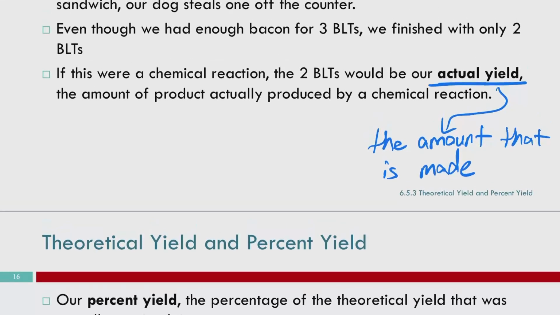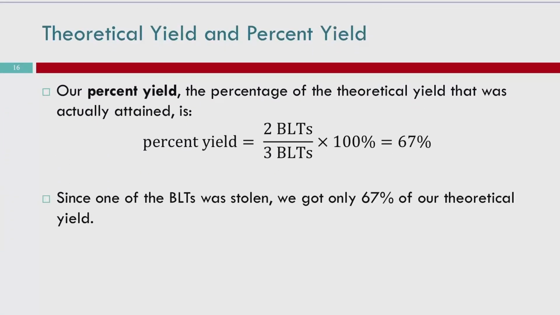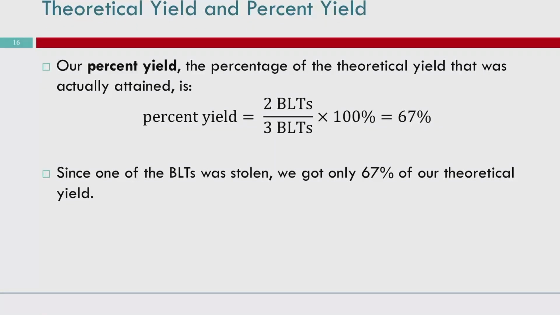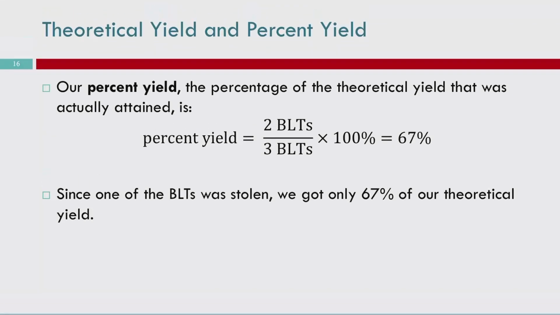And with our actual yield, we can also calculate our percent yield. Our percent yield is always calculated by this formula: our actual yield over our theoretical yield, or our calculated yield, how much we should have been able to make.